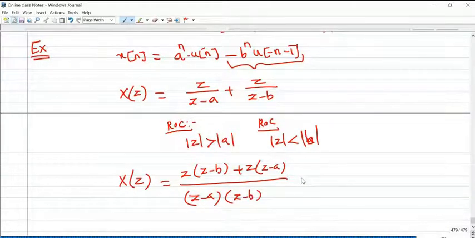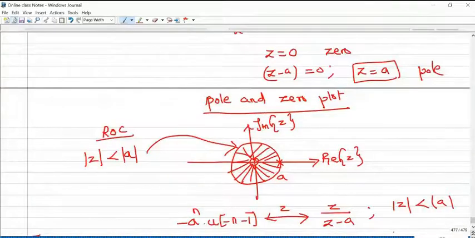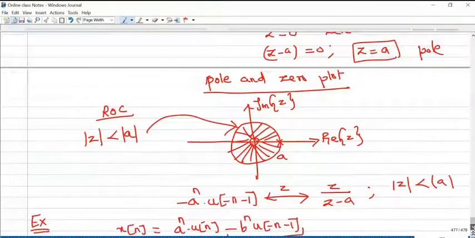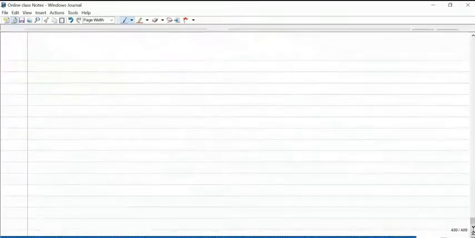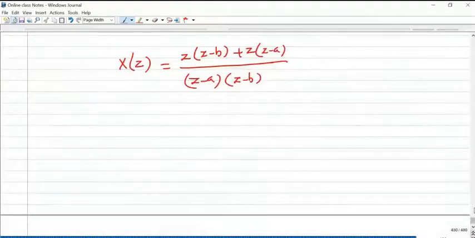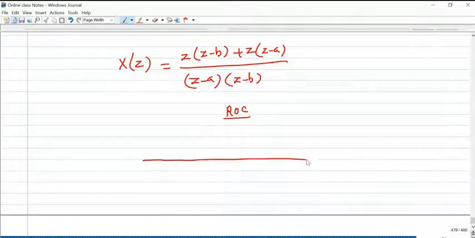Now how to mention the region of convergence? Because first term ROC is greater than modulus a. Second term ROC is less than b. Okay, just now we derived, right? Now assume two cases. Now our interest is the poles only.